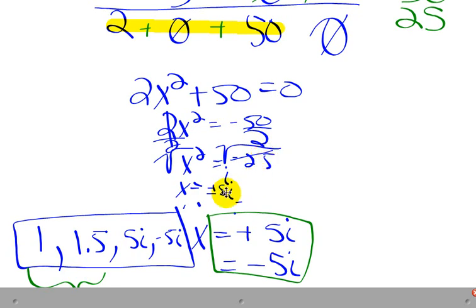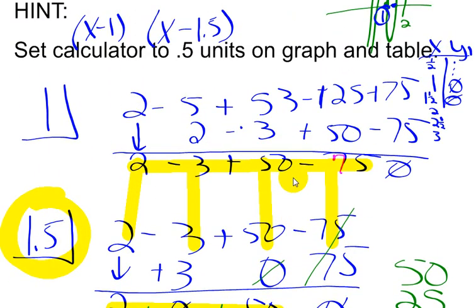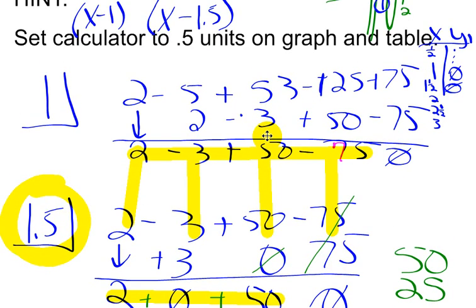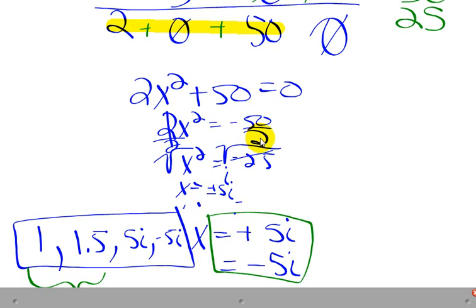Square root of 25 is 5, so you end up with x equals positive negative 5i. So there's our 4 answers. And remember, it was a quartic polynomial, 4th power, so there's 4 zeros to it. So they were 1, 1.5, the ones we got off the graph, and then what we divided out, what was left over, we solved 5i and negative 5i. And that's how you do those.